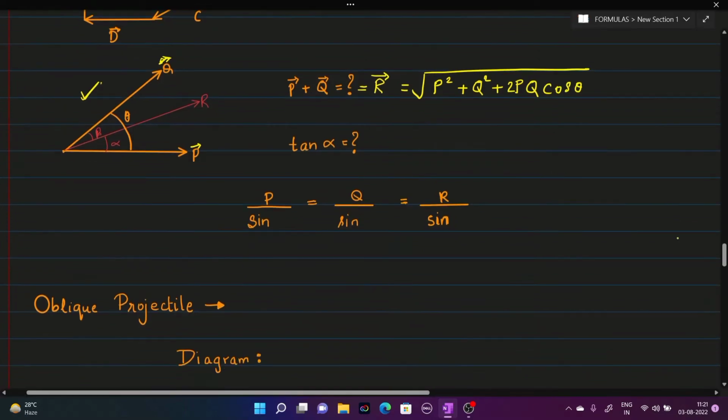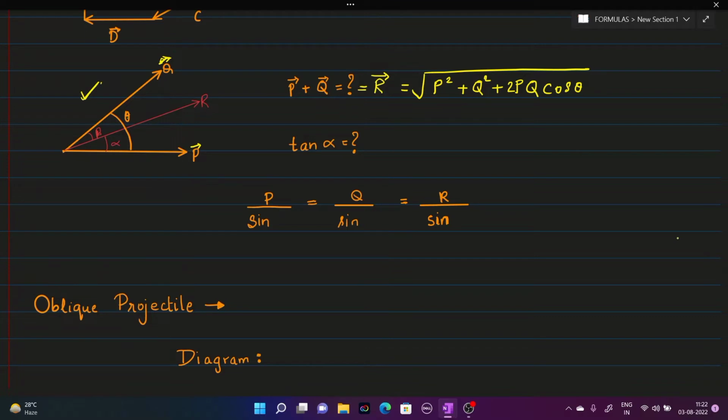After that, if we need to find tan alpha, similarly we can find tan beta as well. First I'll show what is tan alpha. See, alpha is this angle, so first we write q, then we write q sin theta upon p plus q cos theta. So the side which is opposite to the angle is taken in the numerator as well as in the denominator with the sine and cos functions.